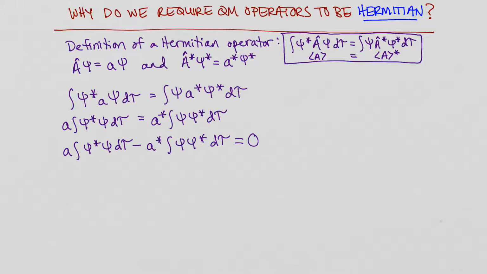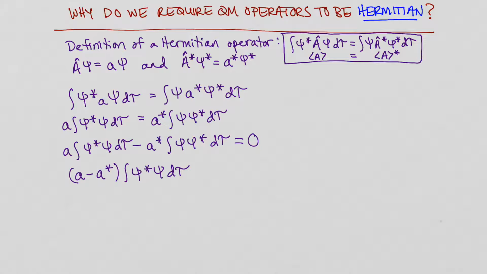So these are essentially equivalent integrals. We're just going to group those together, and then factor out our constant coefficients. Just one more little simplification here. We can rewrite that as A minus A star times the integral of psi star psi.